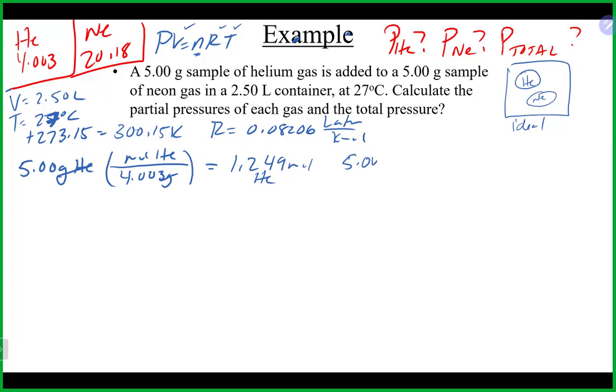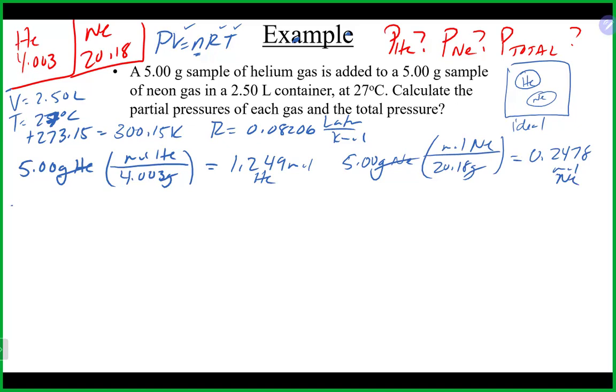We'll take our 5 grams of neon, go to the periodic table, grab the molar mass, 20.18 grams per mole of neon. Again, the grams are going to cancel, so that will get us 5 divided by 20.18, and that's going to get us 0.2478 moles of neon. Any questions so far?